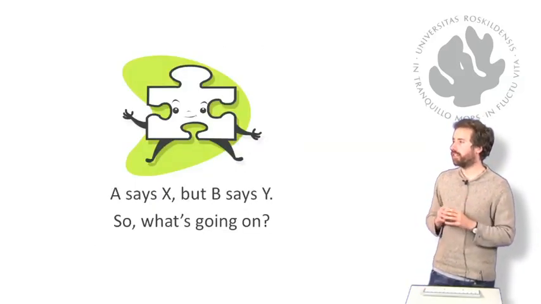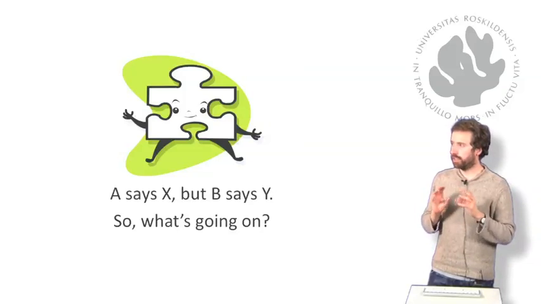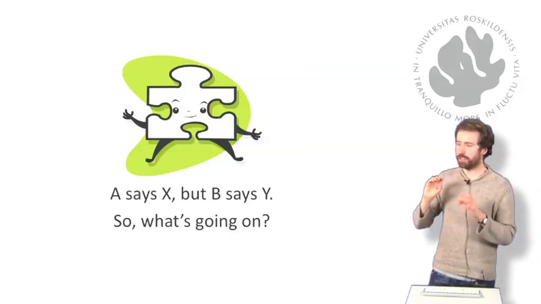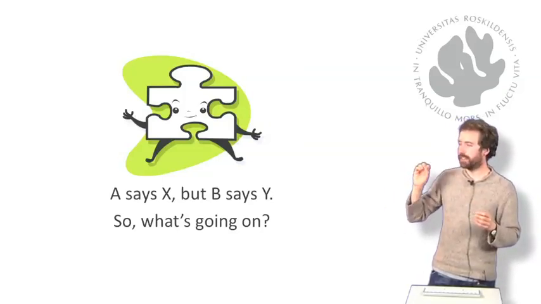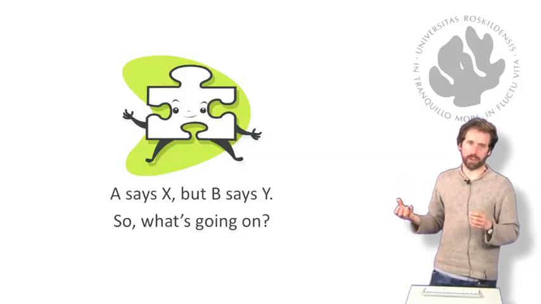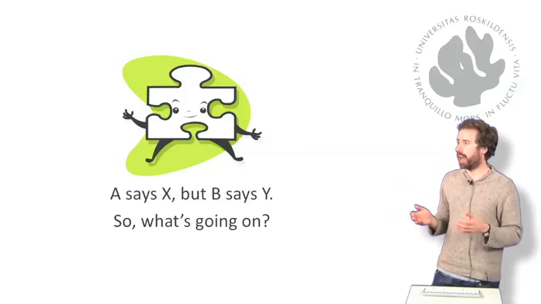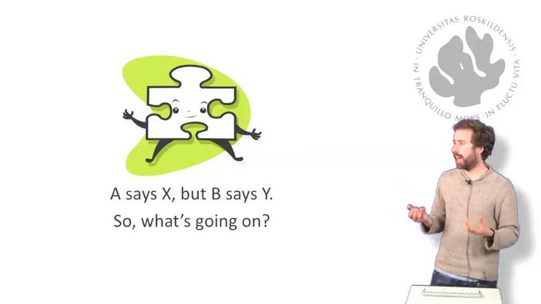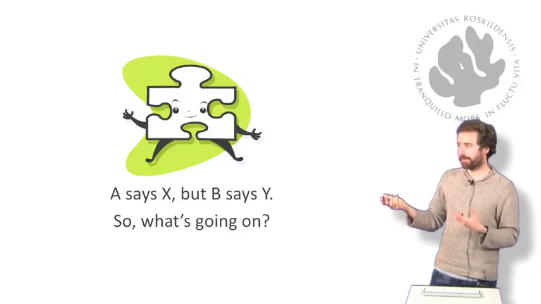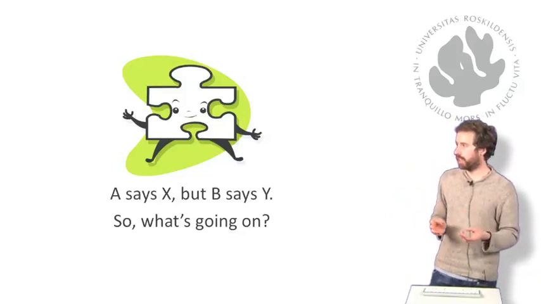Okay, so the paradox then, the research problem looks always something like this. This is the research puzzle that's driving your project. So A says X, but B says Y. So what's going on? A might be a theory, it might be an empirical event, whatever.